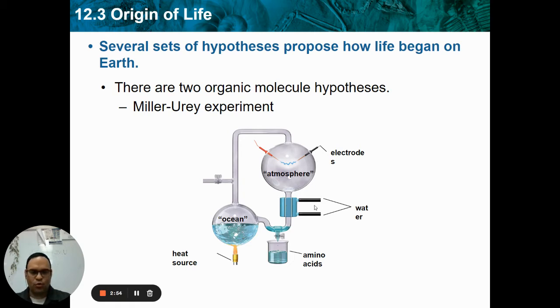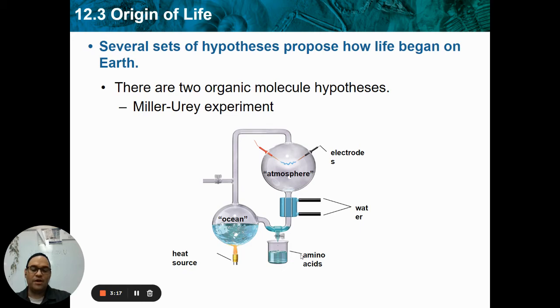And then they ran cool water through this part of the glass so that it would condense further and further. And then this is a sampling container, a sample tube. They would get some of the liquid that ran through this process, and they would see what was grown, what was created, what came about there, what they could find there.